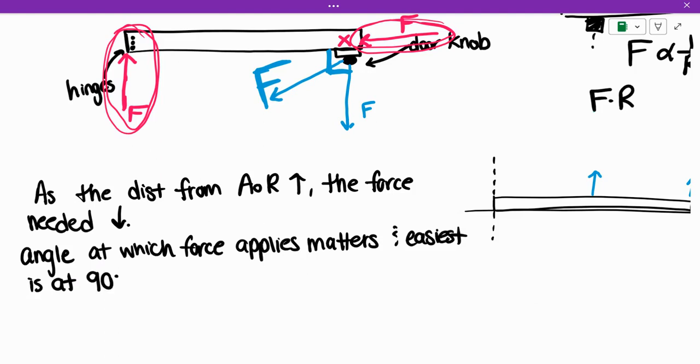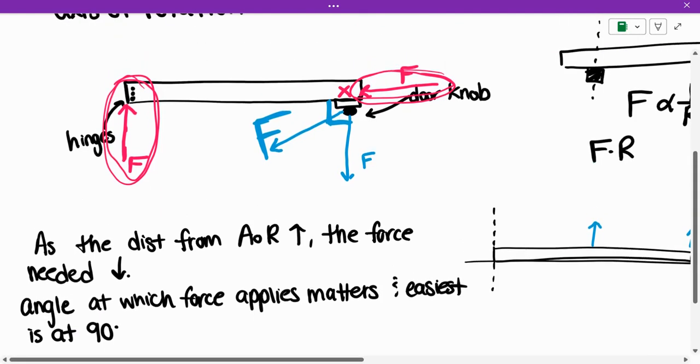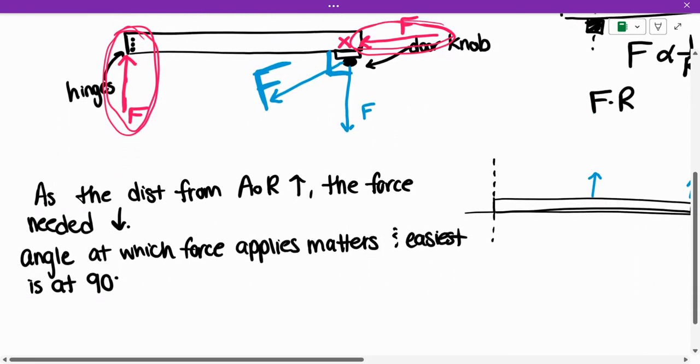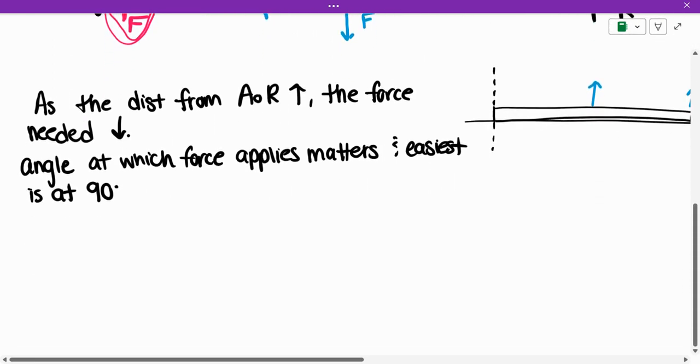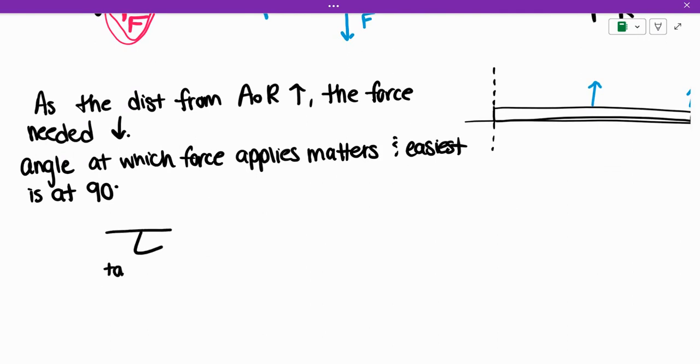Okay. So now that we've kind of figured a couple of things out, it's time to actually introduce the equation for torque. So the variable for torque is the Greek letter tau, right? It's kind of like a backwards J, but that's how we represent torque. And yes, torque is measured in Newton times meters.